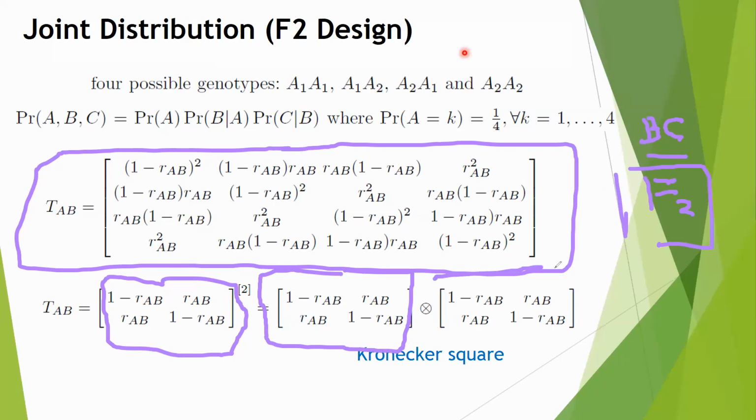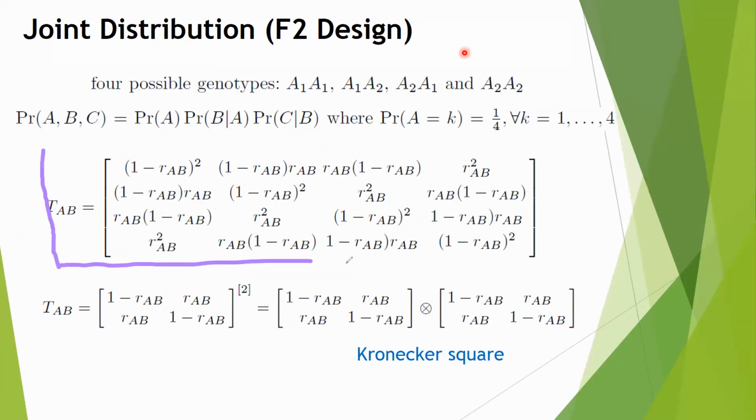So if you square this 2x2 matrix, you're going to end up with this 4x4 matrix. That's the relationship between the basic backcross design and the more complicated F2 design. All right, so this is important.